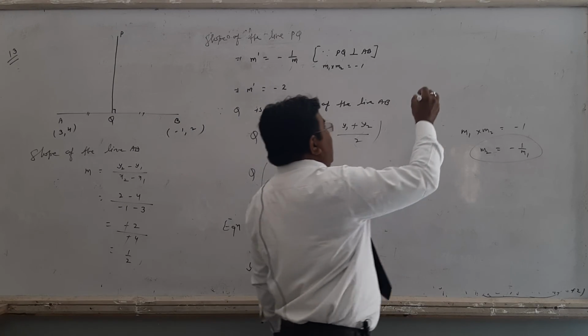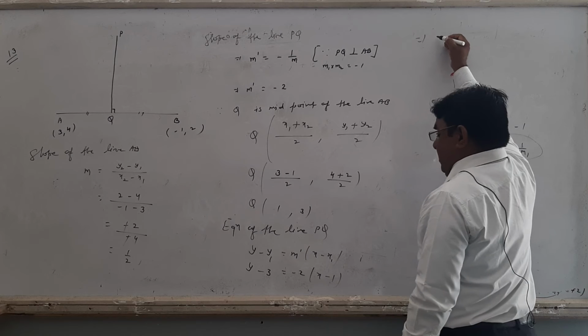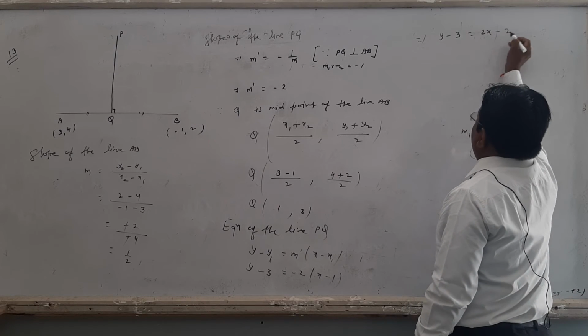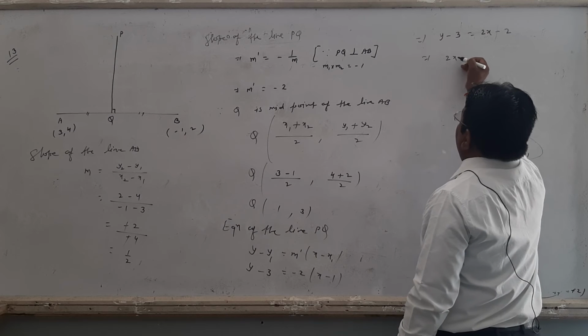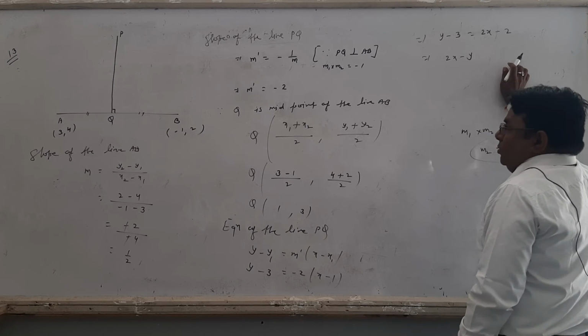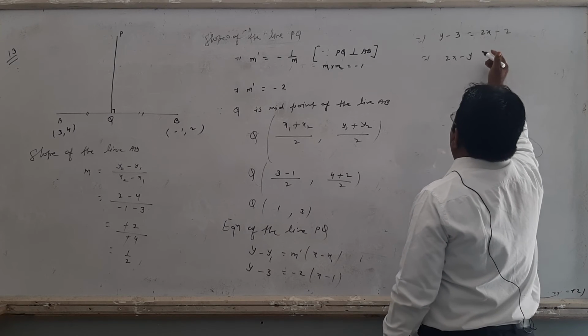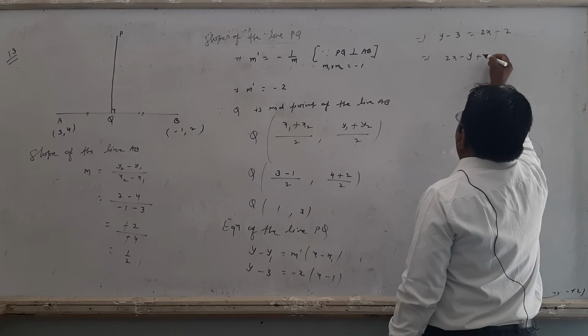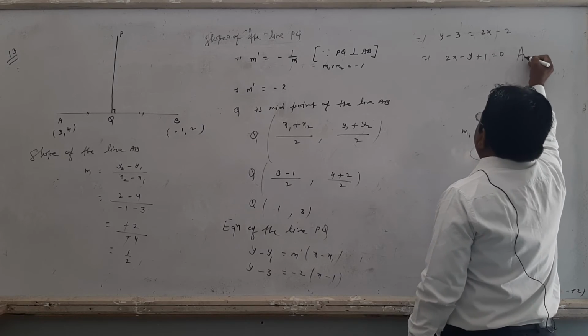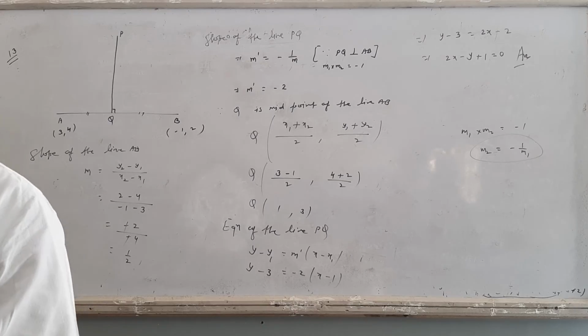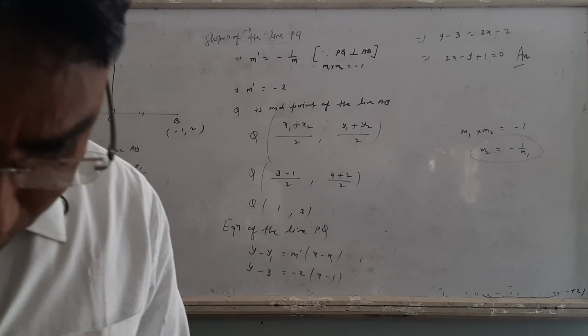Then the final answer is y minus 3 equals -2x plus 2, so 2x plus y, transferring this side, minus 5 equals 0. This is the answer. So student, to find the equation of a right bisector line, we need 2 things: point and slope.